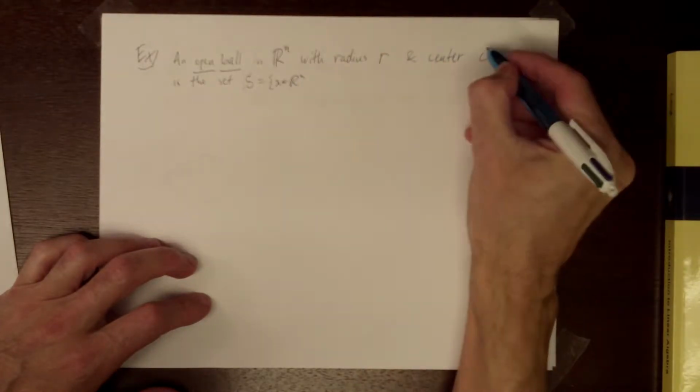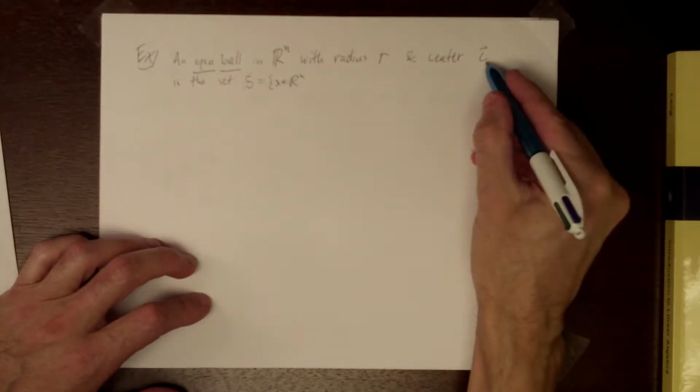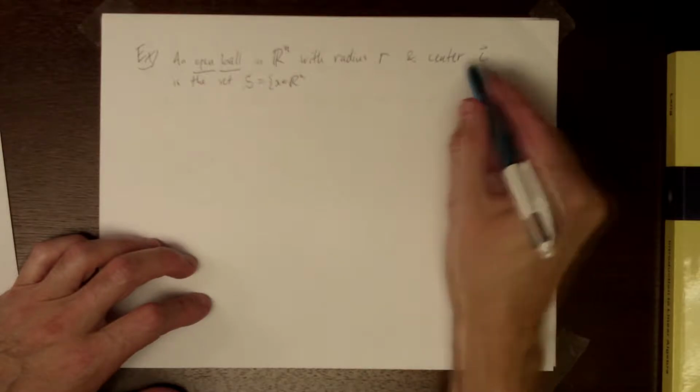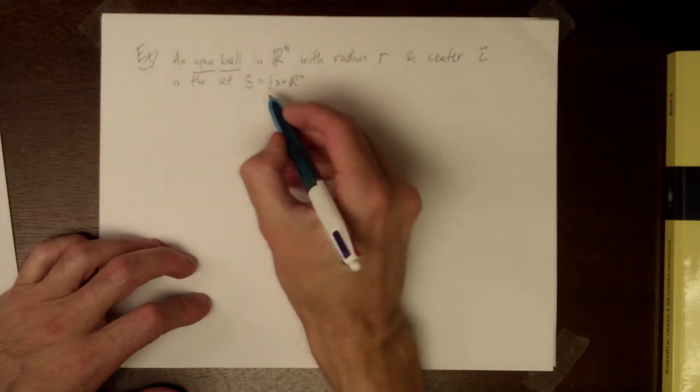In this context, I will put the little arrow over C here. It's a center. It's a point in R^n, the center, right?